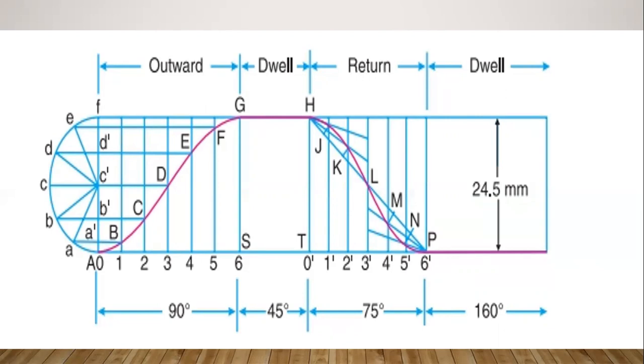In this displacement diagram, half of this section is in simple harmonic motion and the latter half is in uniform acceleration and deceleration, that is retardation.